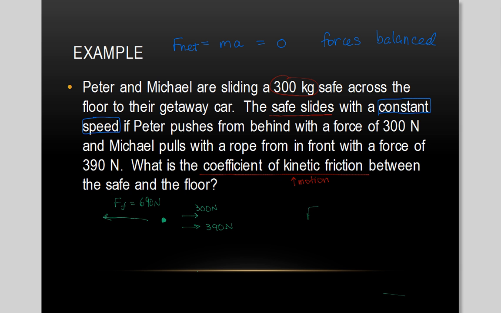Now you can go to this force of friction equals mu Fn. Solve for mu by dividing out Fn. So 690 divided by mg, where m is 300.